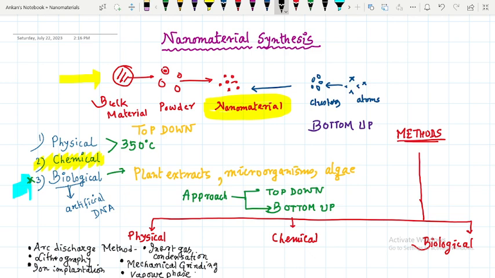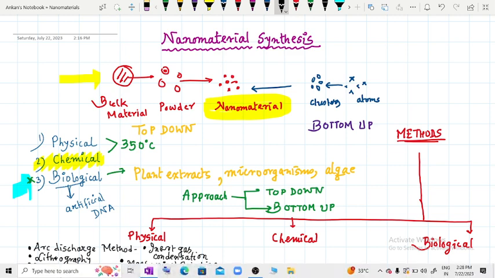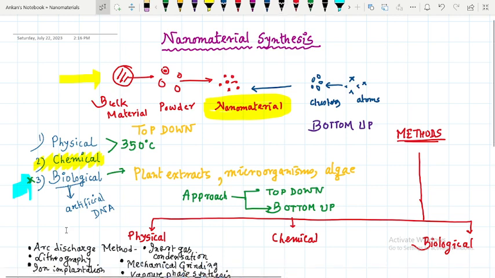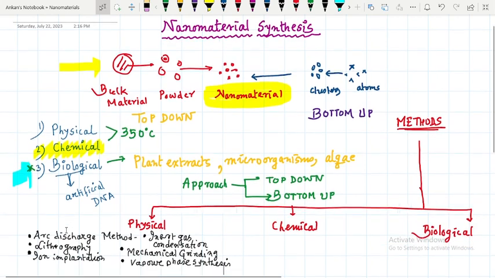Vapor phase synthesis. So these are some of the procedures involving the physical method, or which use the basic approach of physical method.